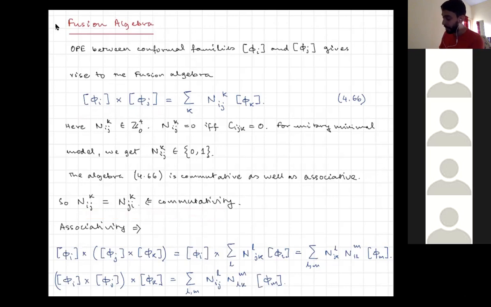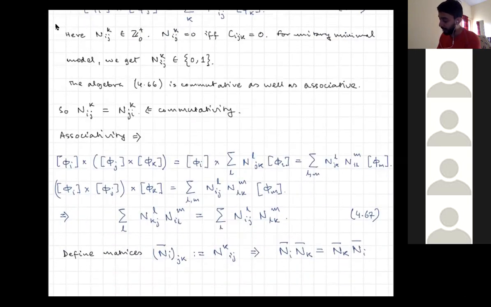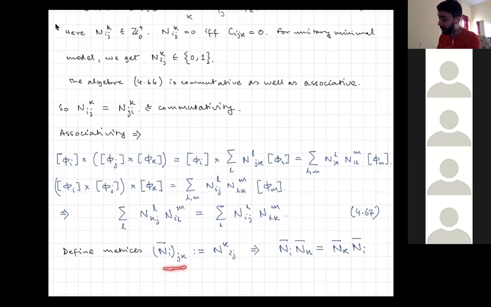And associativity is also there. So that would mean that phi i with phi j phi k is equal to phi i phi j with phi k. So that would lead to some particular relations between these N's, or you can define some matrices, and that will just mean that N_i N_k is equal to N_k N_i.